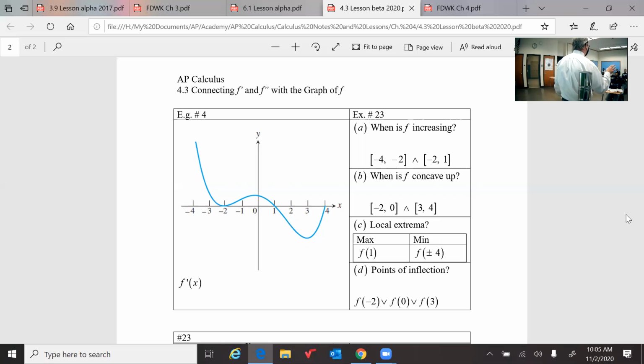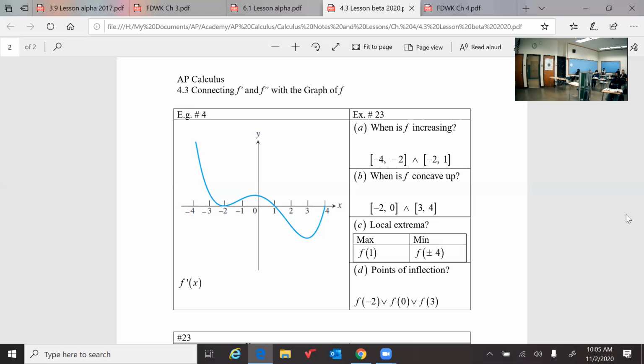So there is way more to this than just looking at a picture. Like question A, when's it going up? Yeah, we've done that, beat that into the ground. But B through D is heavier lifting.